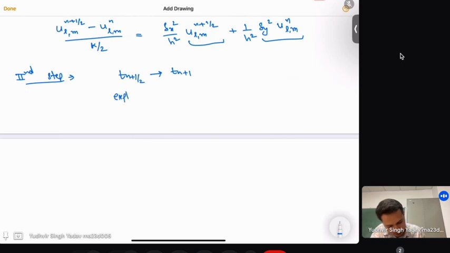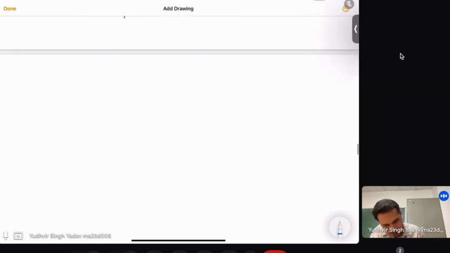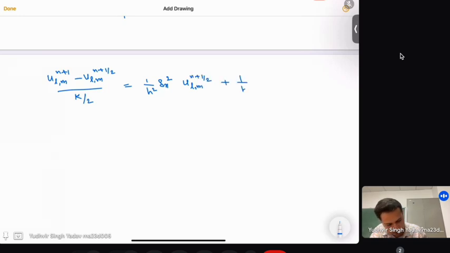This results in U(l,m) at n plus 1 minus U(l,m) at n plus half, over k by 2, equals 1 by h square delta x square U(l,m) at n plus half plus 1 by h square delta y square U(l,m) at n plus 1.